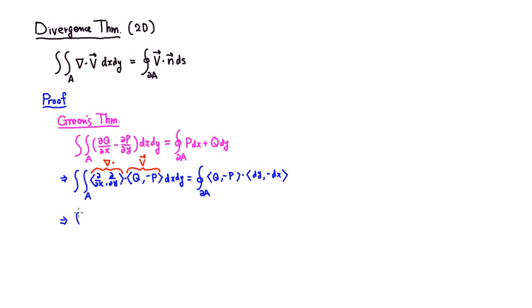So we can see that the left-hand side is exactly what we want. It's a double integral over the region A of the divergence of the vector field V, dx dy.